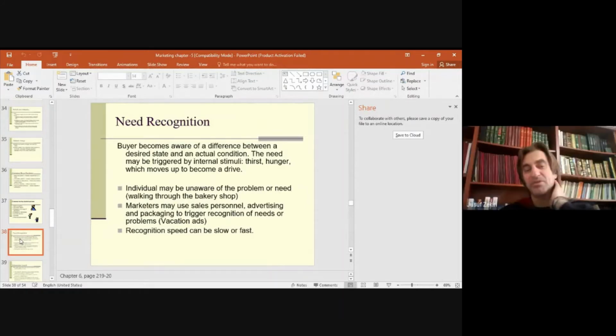Has it happened to you, for example, before entering a market, let's suppose, and you plan to buy just 2 items? You enter there, and you get out with 10 items. My question is, has it happened to you that you plan to buy just 1 item and get out of the supermarket only with that 1 item?